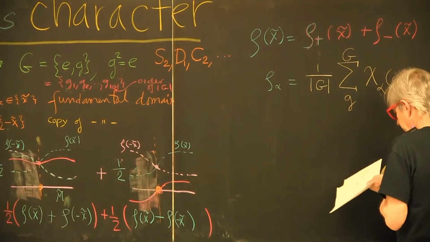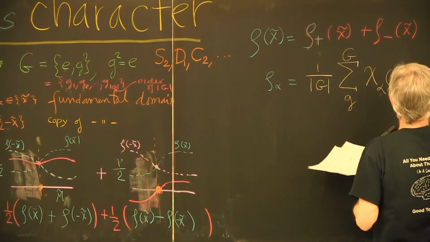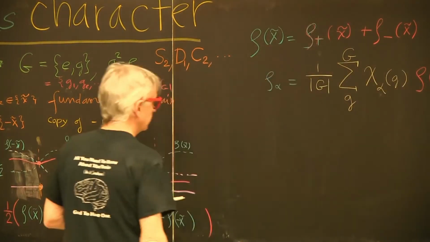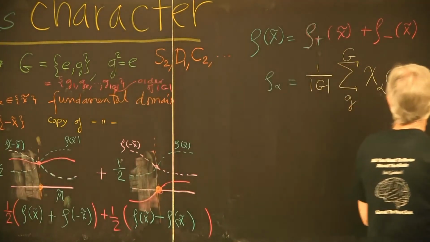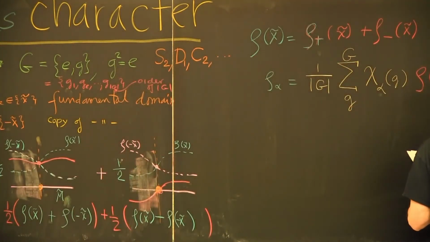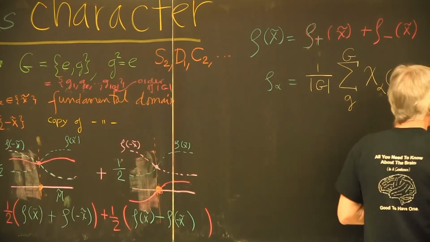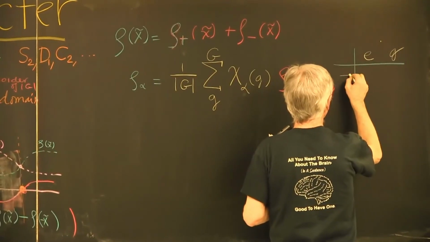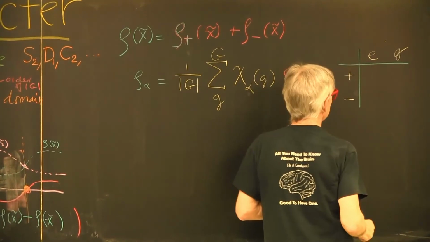And I look at the function where these characters are written as a character table. We write here all the group elements, the only 2, 1 and the second one I call G. And all the representations, there is a plus representation and minus.